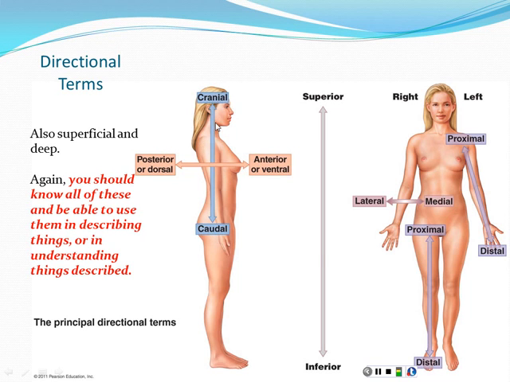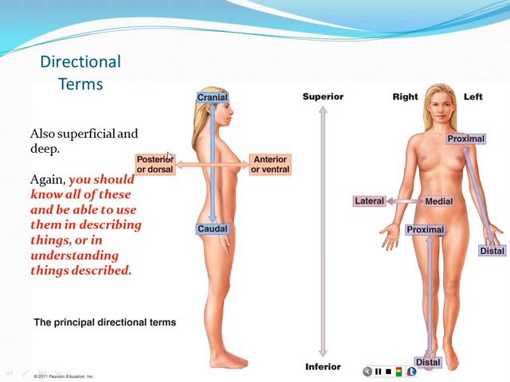So cranial to caudal we use to describe really the spinal column. So the head is cranial to the lumbar spine. The thoracic spine is cranial to the sacrum. The sacrum is caudal to the thoracic spine. You kind of get that? So depending on which direction you're going, you can describe where things are. Okay, so cranial and caudal.